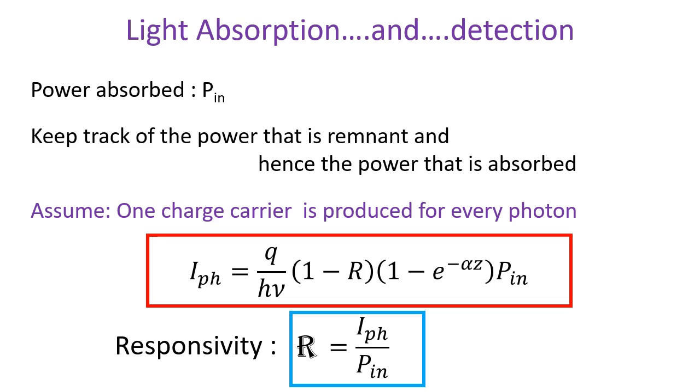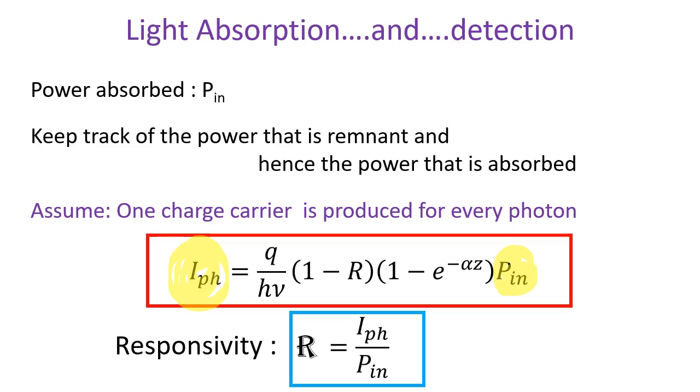So what we need to keep track of is the amount of power that is absorbed as it propagates through the detector. And not just that, we assume that for every photon that comes in, there is one charge carrier that is generated. So one eventually gets a relationship between the power in and the photocurrent that is generated.